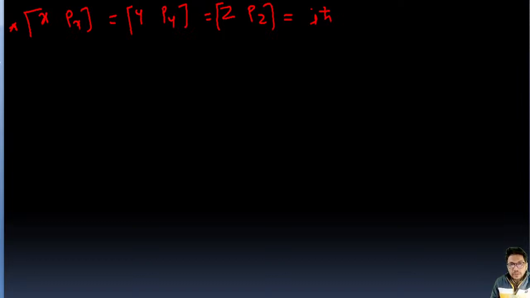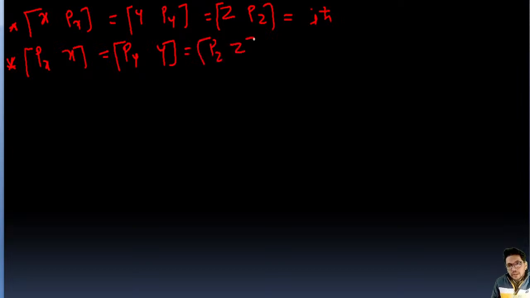If it's a reverse order like pxx, pyy, pzz, this is going to be minus iota h cut.